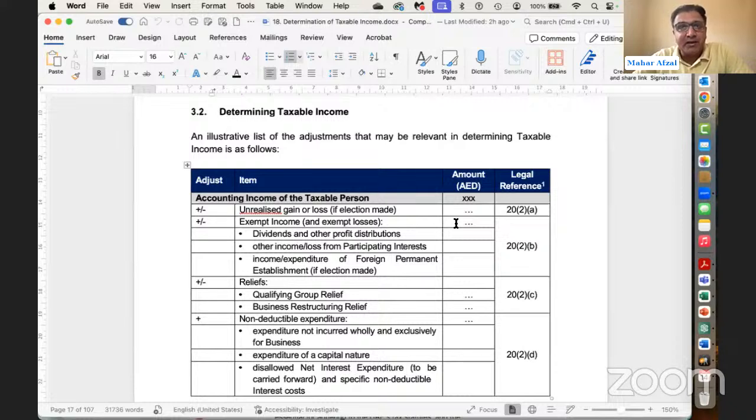Based upon the indirect method, we need to prepare our financial statements. If the revenue is up to 3 million, you can apply the cash basis of accounting. For 3 to 50 million, you can apply IFRS for SMEs. If the revenue is more than 50 million, then you need to apply full-fledged IFRS.